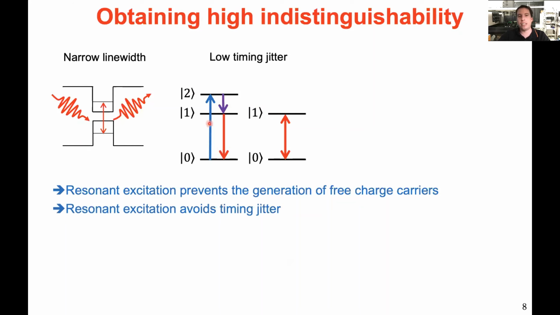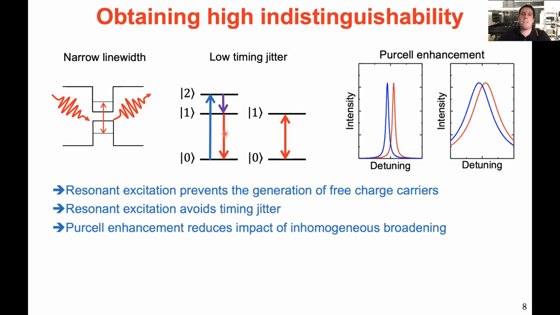When you first excite some reservoir from where a relaxation would happen to the state that emits the photon that you're interested in, then the time when this photon is emitted has some uncertainty. And of course, two photons really need to arrive at the exact same time at the beam splitter if they shall interfere perfectly.